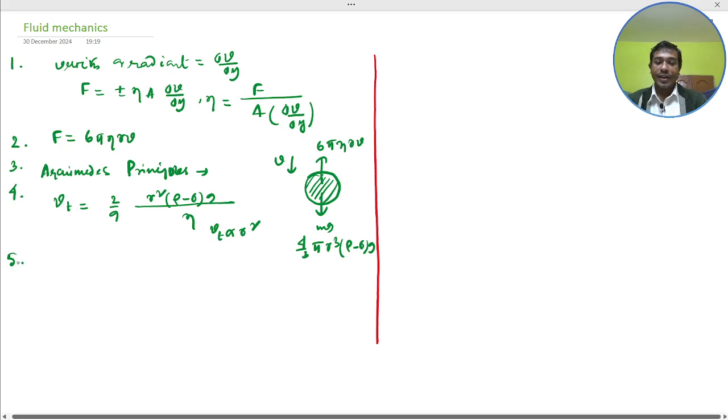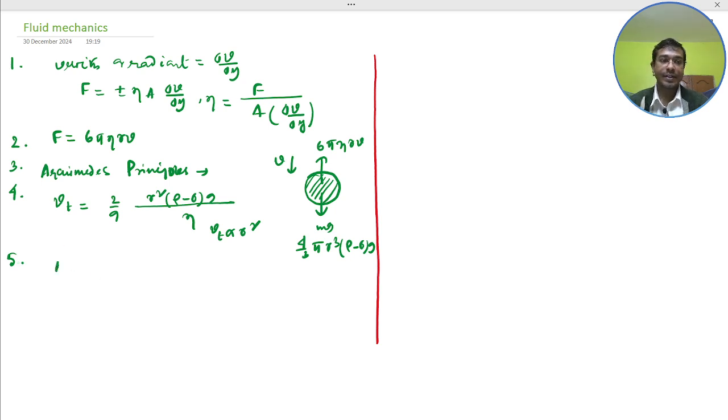Next one, the variation of pressure with depth: P is equal to Pa plus rho gh, where atmospheric pressure is Pa and rho is the density of the fluid.